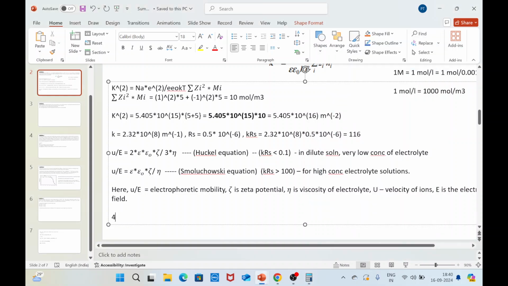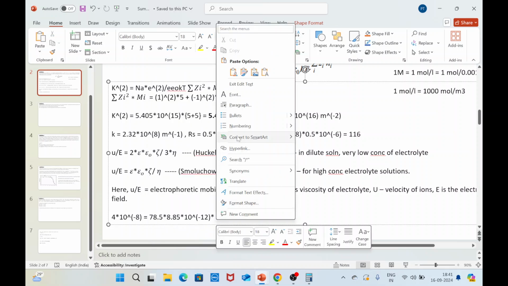So 4 times 10 to the power minus 8 is equal to 78.5 times 8.85 times 10 to the power minus 12 times your zeta potential.